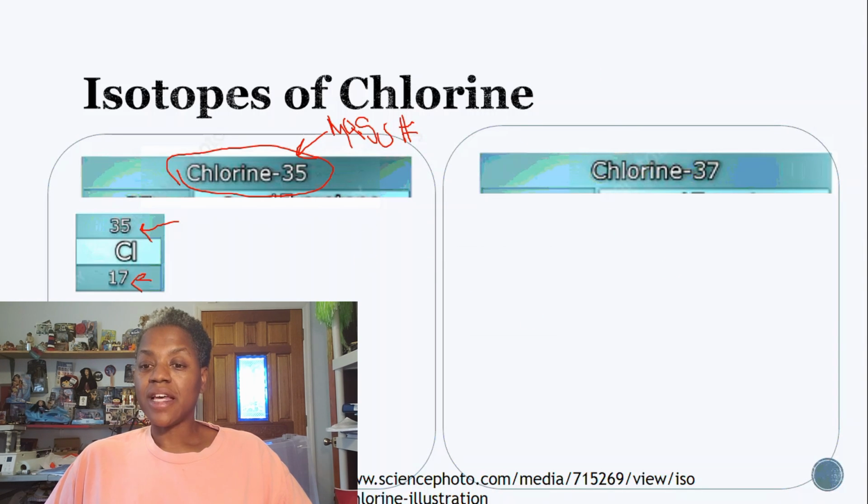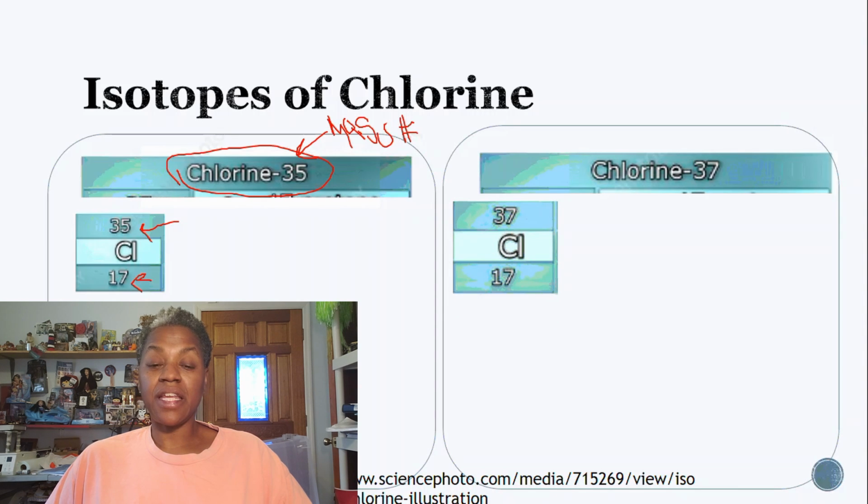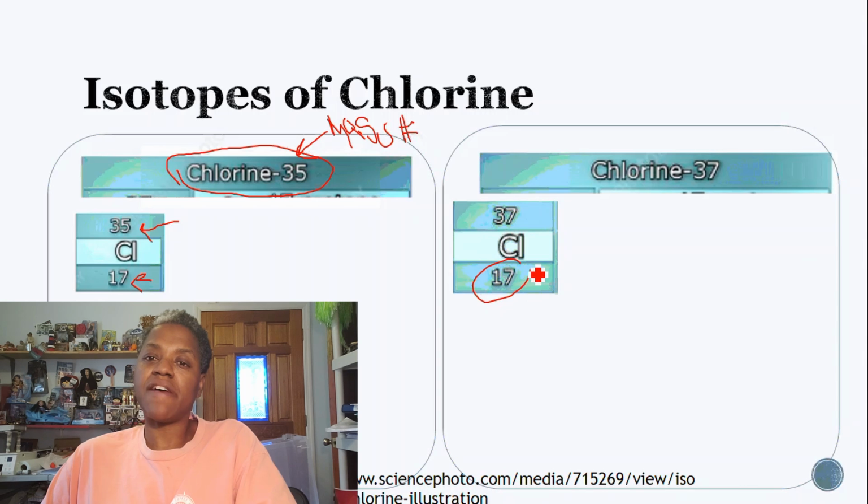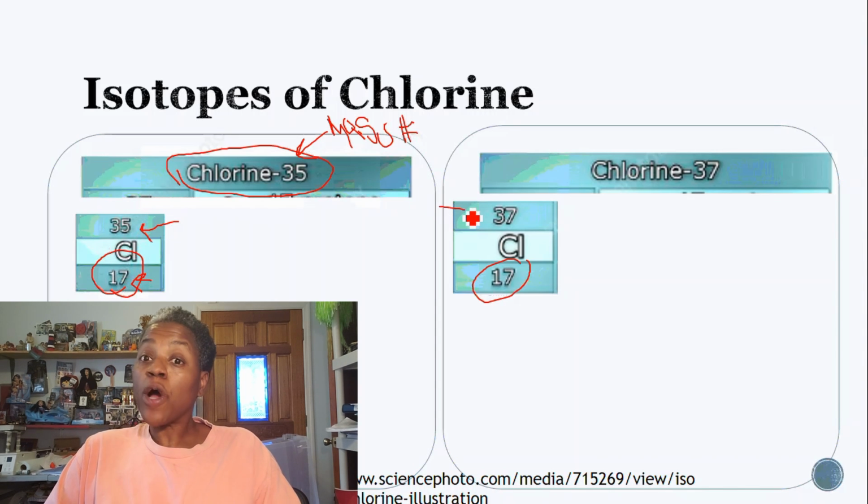Again, you'll notice that they both have 17 in this bottom location because in order to be chlorine, it has to have 17 protons. But the mass number is different. And the mass number is different because isotopes have the same number of protons but different number of neutrons.